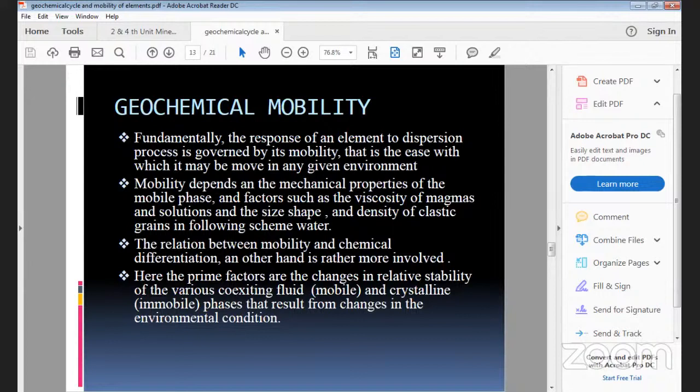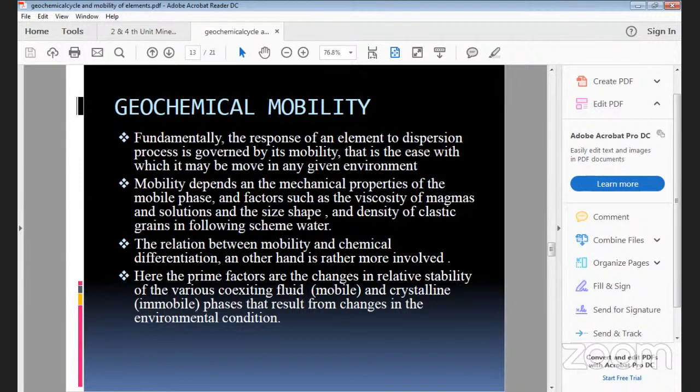In geochemical mobility, fundamentally the response of an element is a dispersion process. It is governed by the mobility, which is how it may move in any given environment. The mobility depends on the mechanical properties of the mobile phase and factors such as the viscosity of magma and solutions, the size, shape, and density of clastic grains, and the flow scheme of the water.